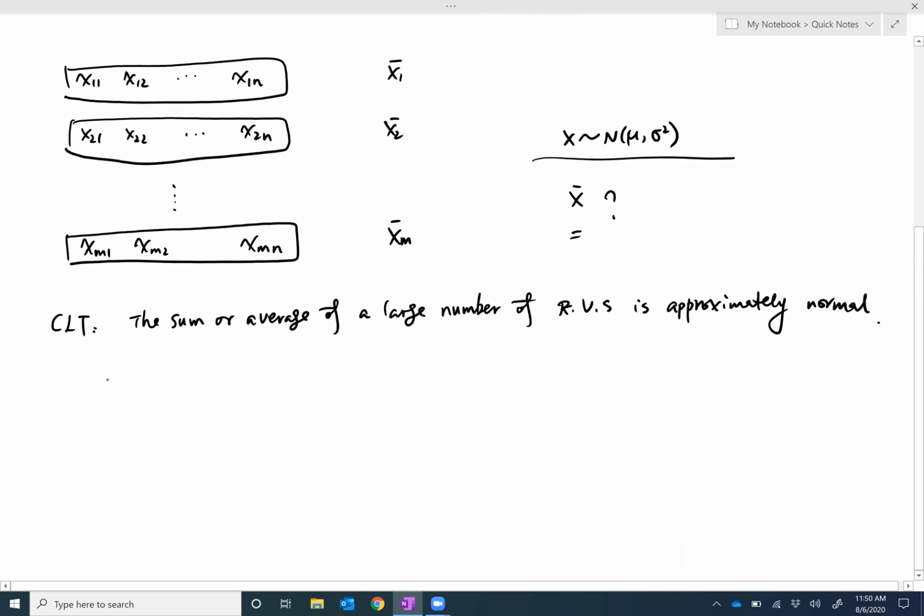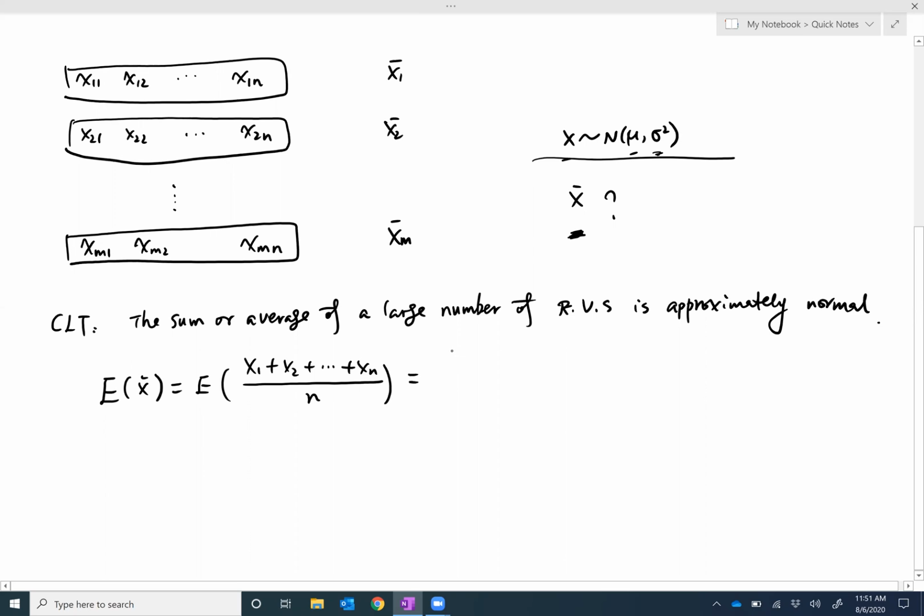Now let's derive, because if it is normal, then what is the mean of x bar? What is the variance of x bar? We know the mean of x is mu, the variance of x is sigma squared. Now what is the mean and the variance of x bar? Let's look at the expectation of x bar, which equals the expectation of x1 plus x2, you add all of them together and then divide by n.